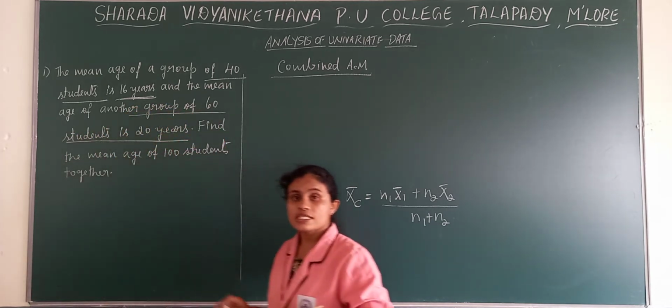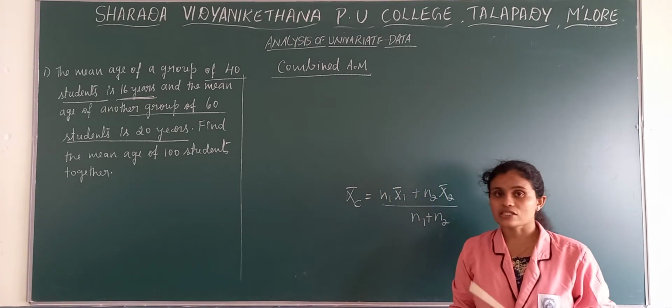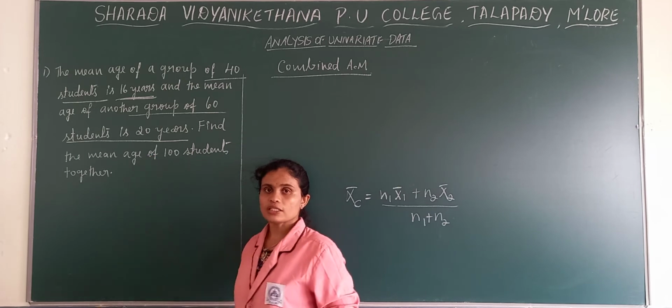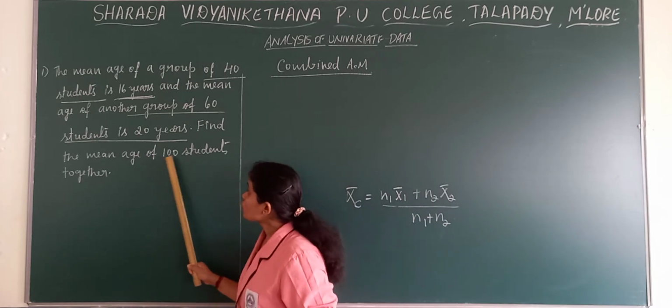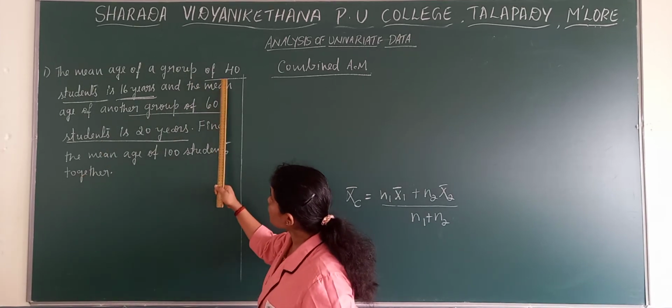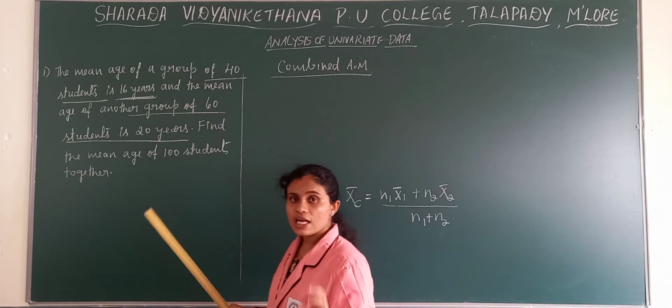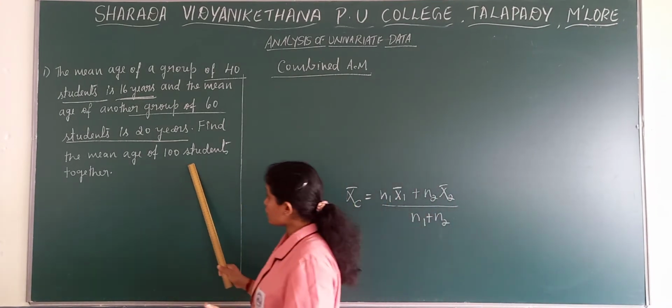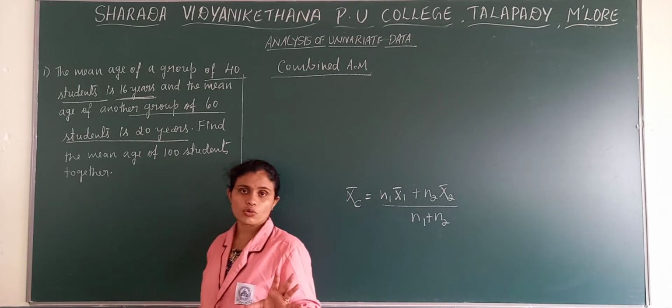Now, find the mean age of 100 students together. Which 100 students? That is 40 plus 60, altogether 100 students. So we need to find the combined arithmetic mean of these 100 students.